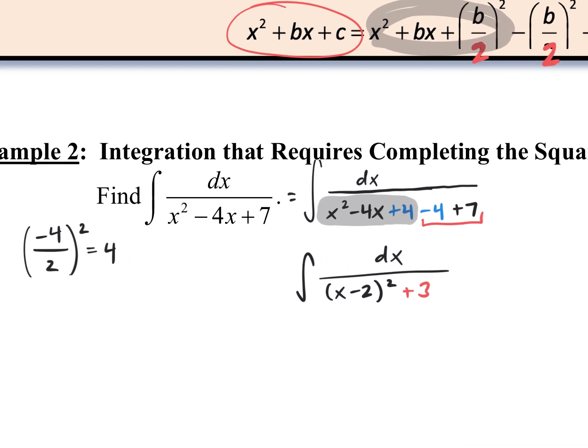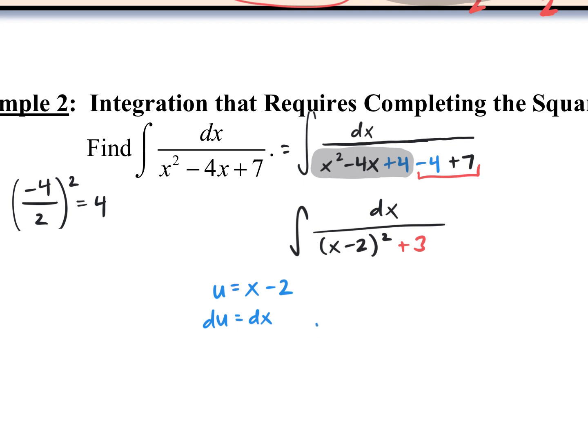Okay. I've got something squared plus a number on the bottom. Which arc-trig function is that? Arctan, right? So let's go ahead and let u equal my x minus 2, which means the derivative would just equal dx, right?